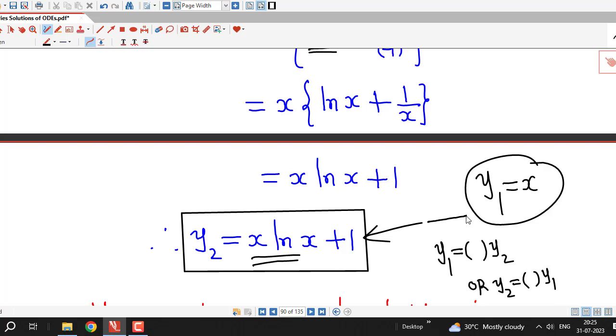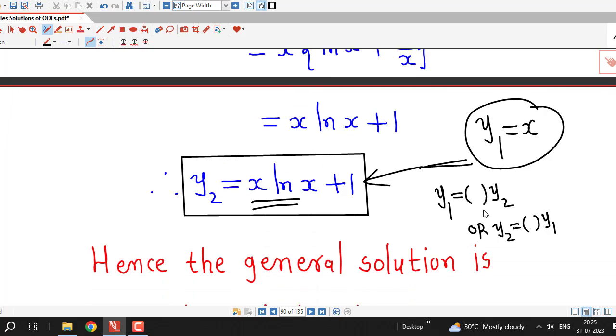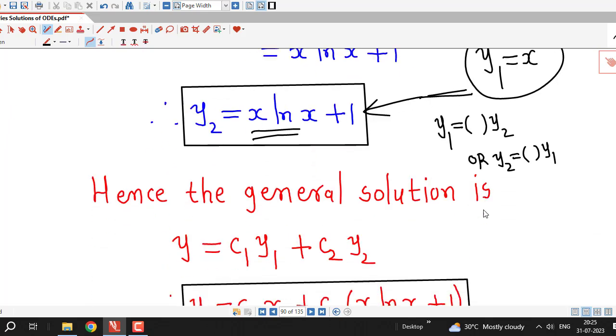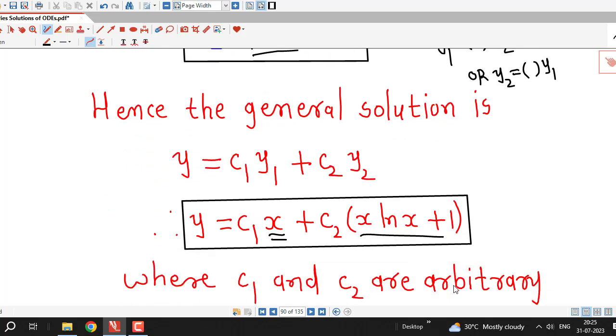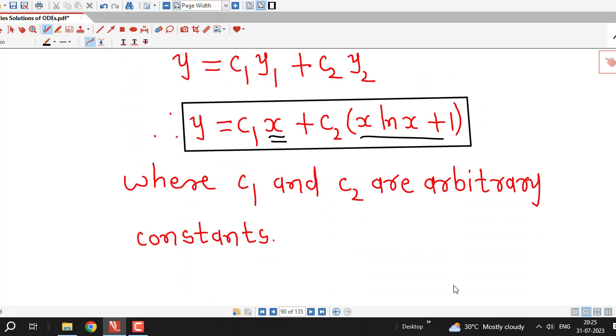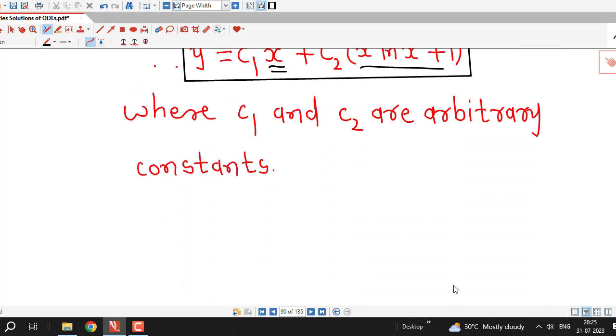Therefore y1 and y2 are linearly independent, and once we have two linearly independent solutions for a second order homogeneous equation, the general solution can be written by taking their linear combination, that is c1 into y1 plus c2 into y2, and y1 is x, y2 is x into log x plus 1, where c1 and c2 are arbitrary constants.